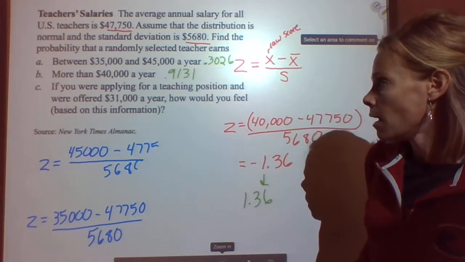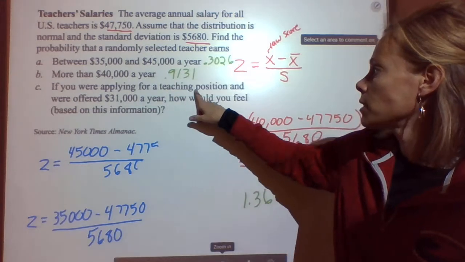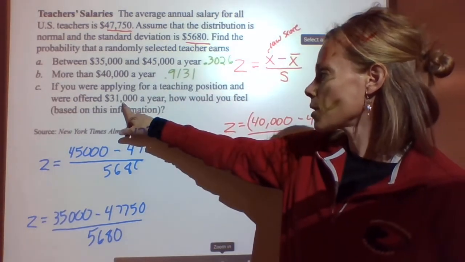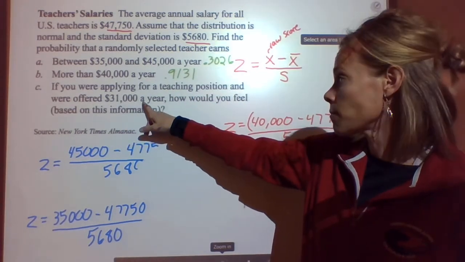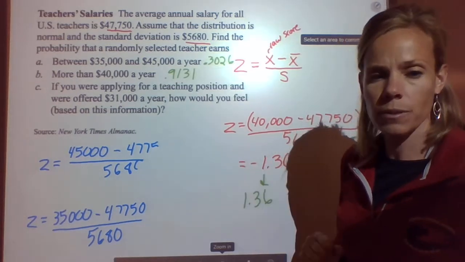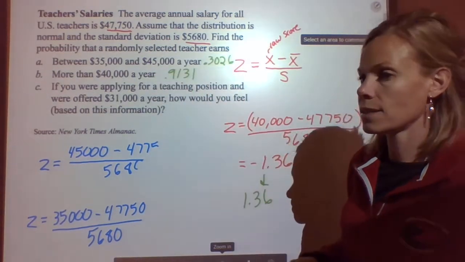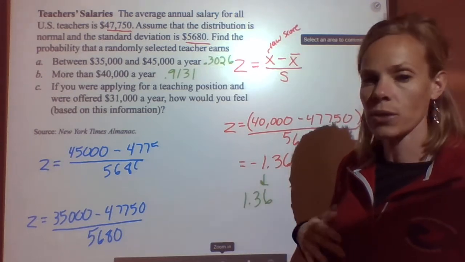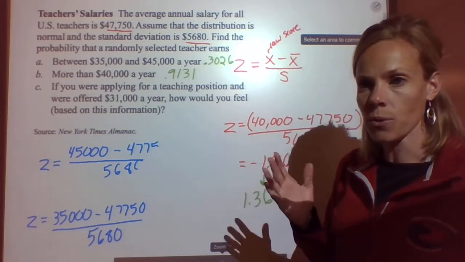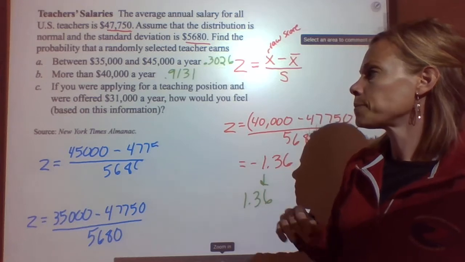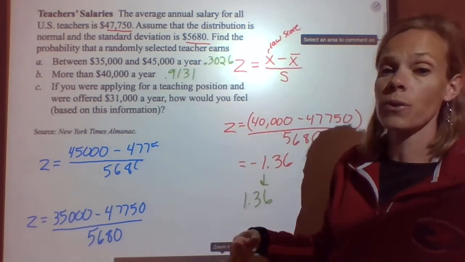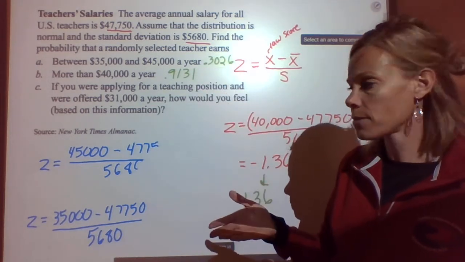If you were applying for a teaching position and were offered $31,000 a year, how would you feel about that salary? This ties into teaching salaries, and everyone knows that South Dakota and North Dakota teaching salaries are really low, and you can figure that out with the normal curve, knowing what's average.